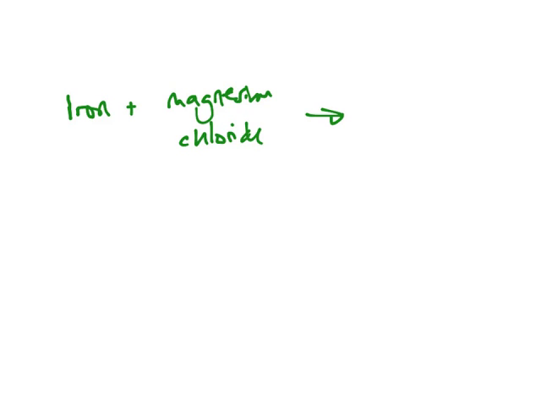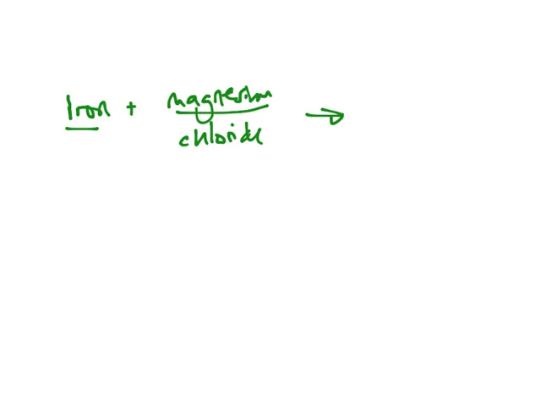If we tried that with a slightly different example, if we tried that with iron, and we tried reacting that with magnesium chloride, the question we have to ask ourselves is, is the iron more reactive than the magnesium?